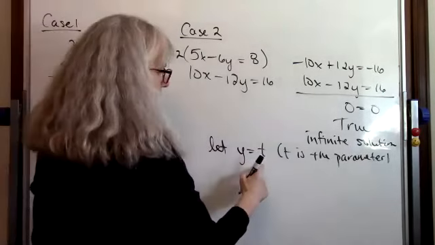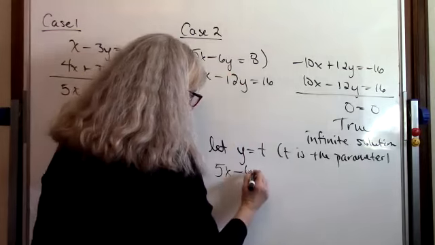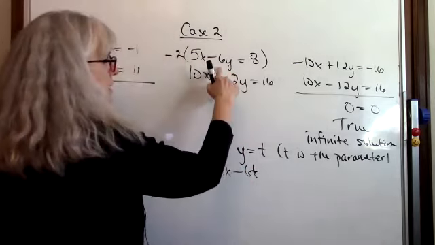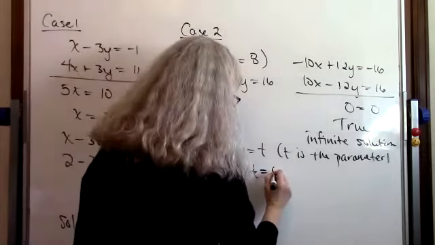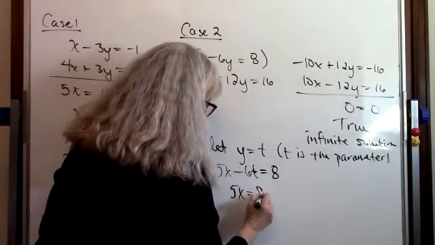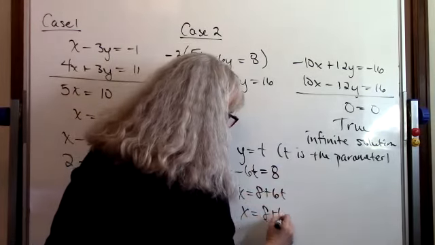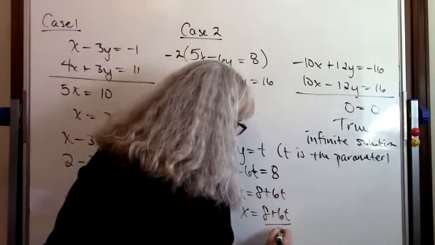So if y is equal to t, I'm going to plug that into the top equation, replacing y with t. So instead of 6y, we have 6t, so 5x minus 6t is equal to 8. And now we're going to solve this for x.